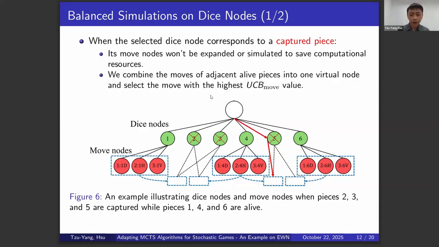For example, if pieces 2, 3, and 5 are captured, and we select the dice node 5, then we will combine the moves of pieces 4 and 6 into one virtual node and select the move with the highest UCB move value directly.